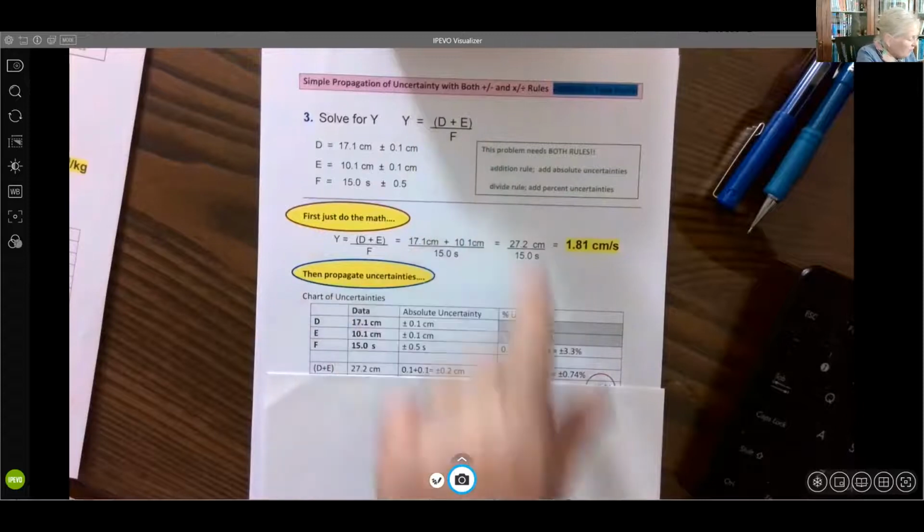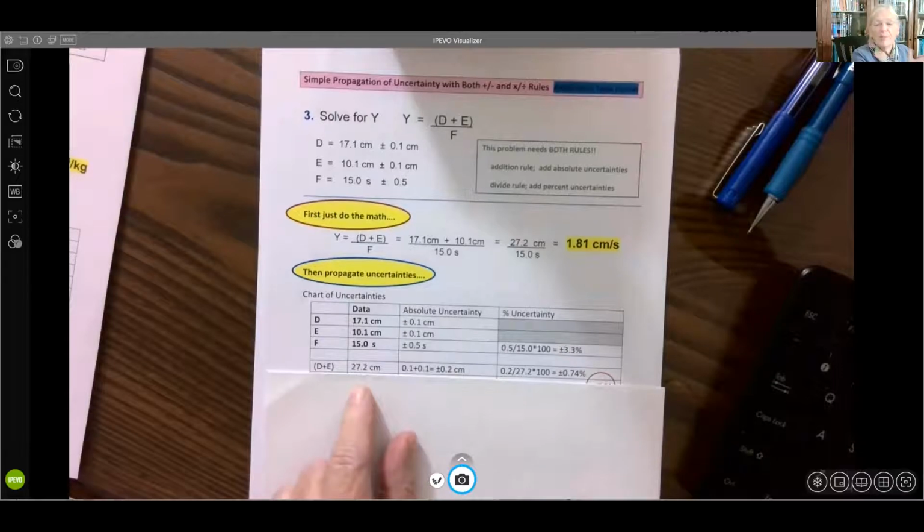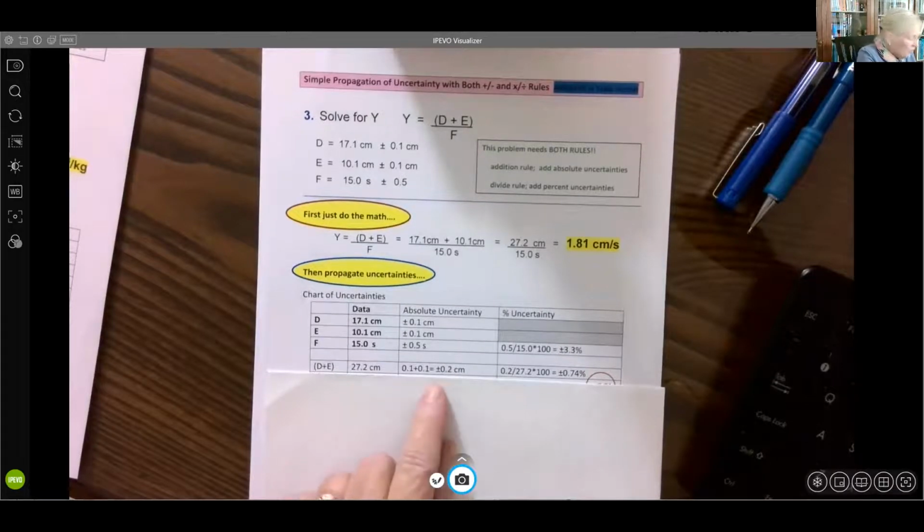This parenthetical phrase here has a value. When I add D and E, it's 27.2. To talk about the absolute value of D plus E, I add those two absolute uncertainties together to get this.